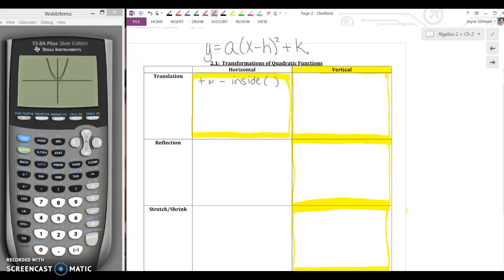So inside the parentheses, that minus h is the horizontal translation. And as we saw from the activity, it's backwards. So plus will actually move to the left, and minus will move the parabola to the right.